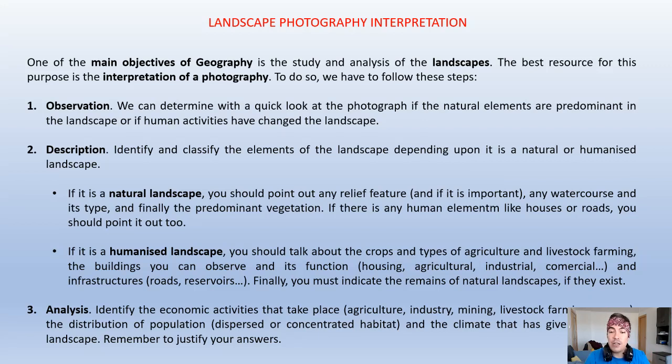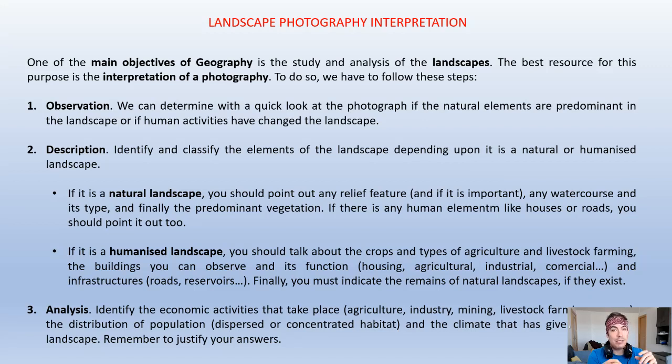If there is any human element, like houses or roads or any building, you should point it out too. Then if we have determined that it is a humanized landscape, you should talk about the crops, the types of agriculture and livestock farming.